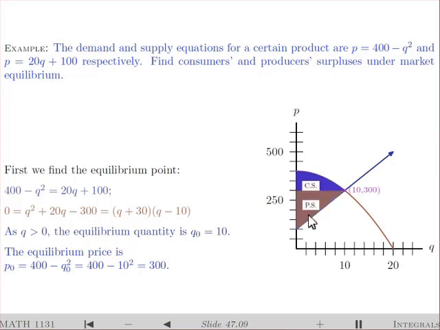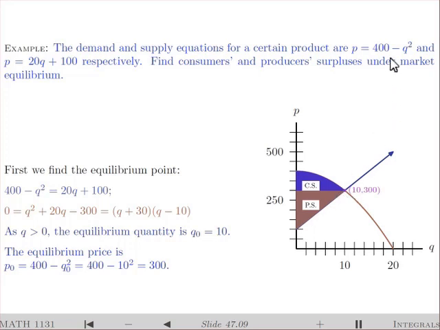Consumer surplus is the area between the demand curve and the horizontal line through the equilibrium point. Producer surplus is the area between the supply curve and the line through the equilibrium point. We are going to find these two areas. Instead of using the formulas, you can also just read off the area integral.